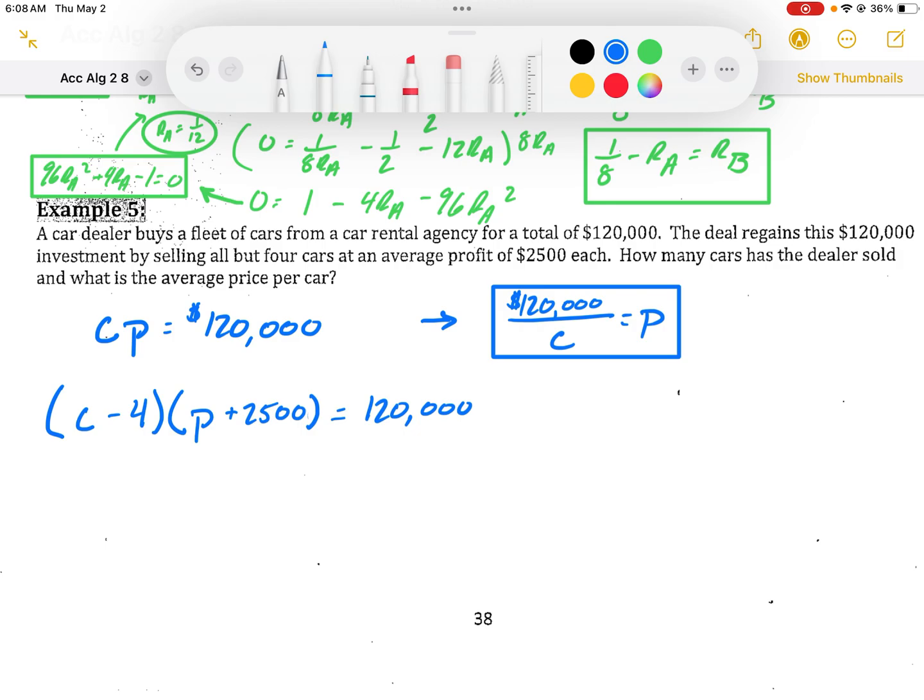So here we have C minus 4 times 120,000 over C plus 2,500.